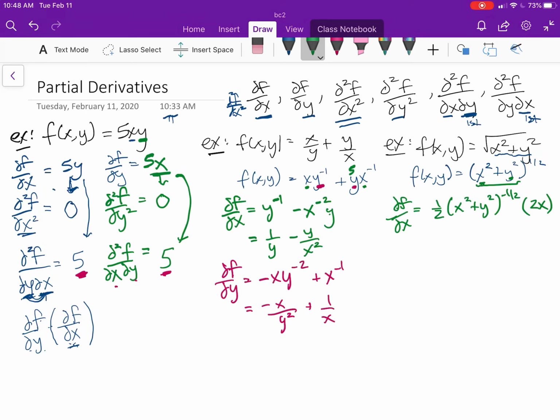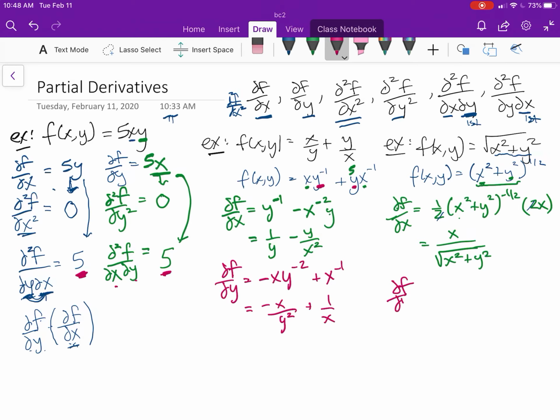So the derivative is 2x. Let's clean this up a little. 1/2 of 2, right, those cancel. So now we just have an x in the numerator, and this x squared plus y squared to the negative 1/2 becomes x squared plus y squared square rooted in the denominator. There's partial f partial x.